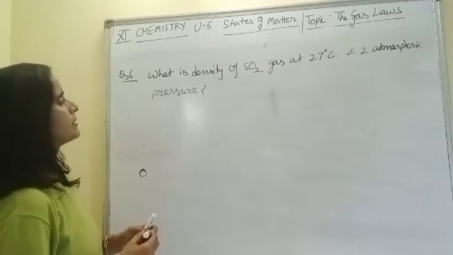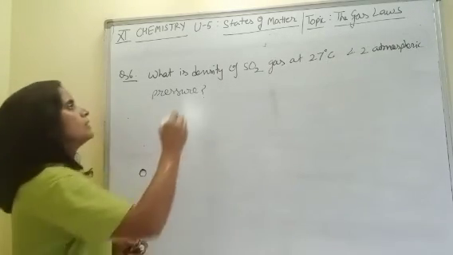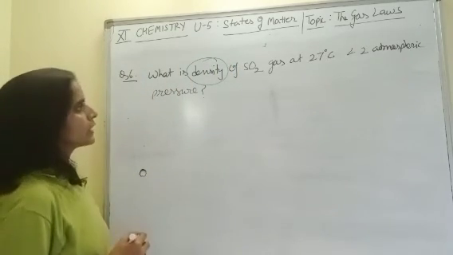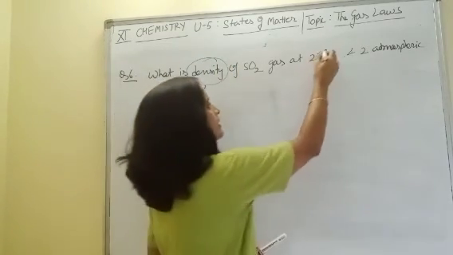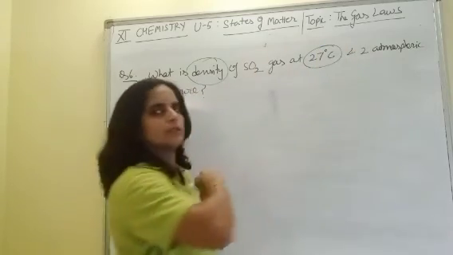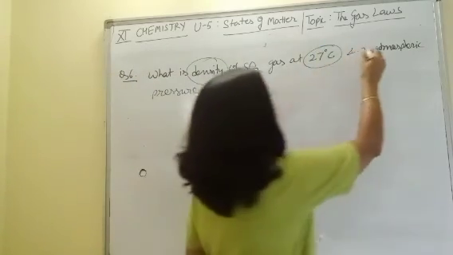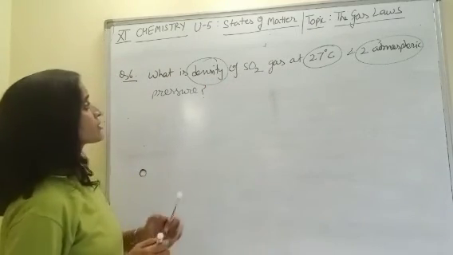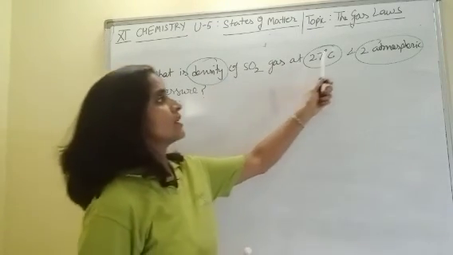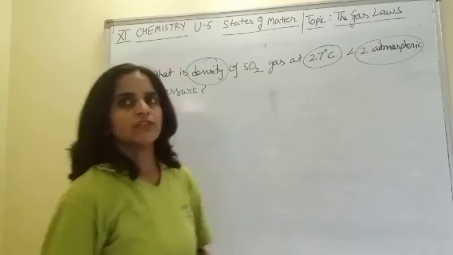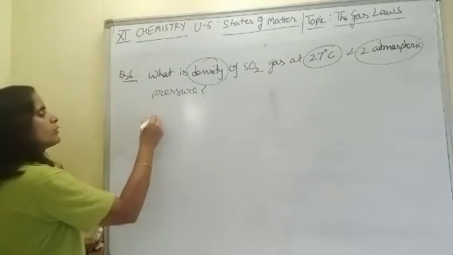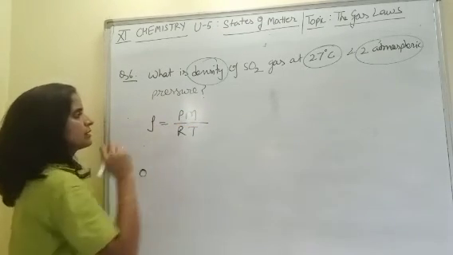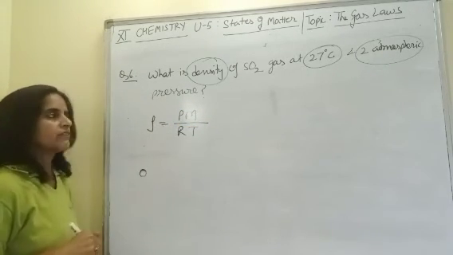Given is, what is the density of SO2. So we have to find the density. Given is, at 27 degrees Celsius temperature, 2 atmospheric pressure. Pressure is also given. So use the relation of density with temperature and pressure. Clear? So the formula is rho equals PM by RT. Substitute all the values.